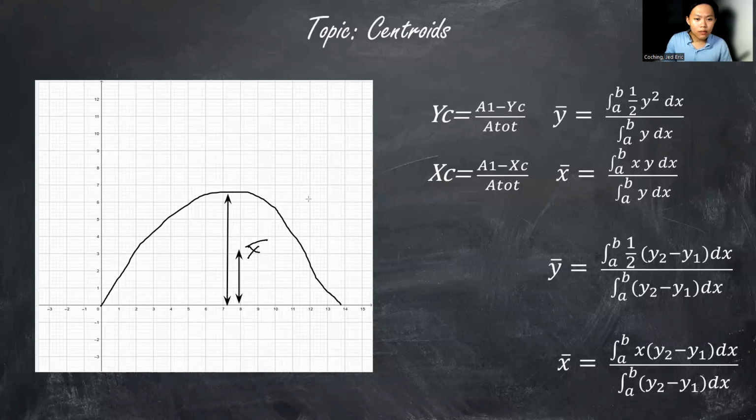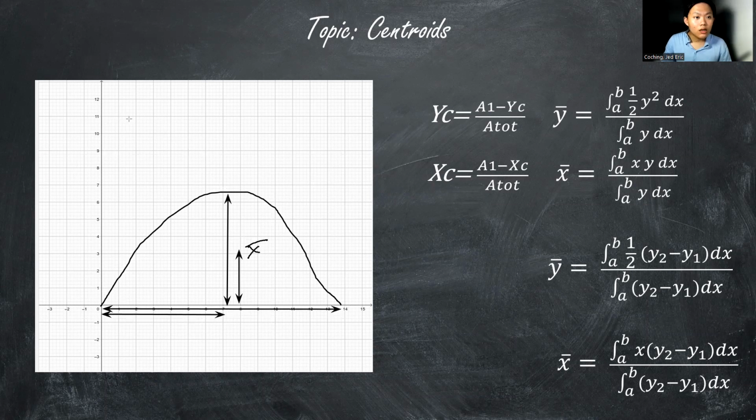And let's say this is y, and this is the centroid of y. So in order to get the centroid of a shape, we need to get the centroid of x and centroid of y in order to get a coordinate which is the centroid of the shape itself.